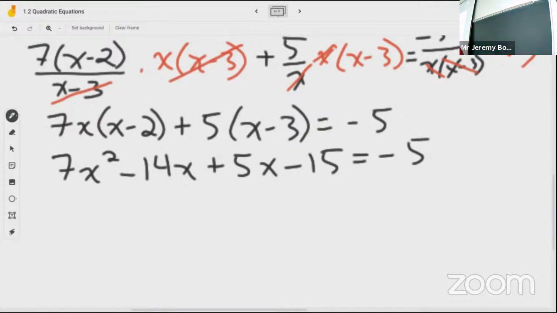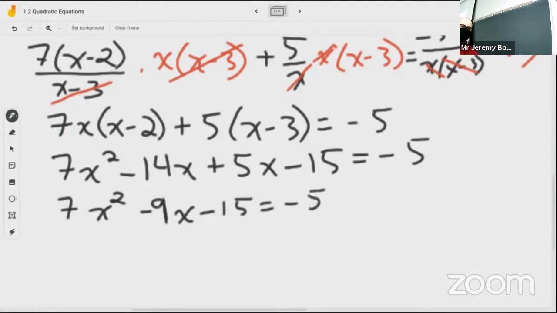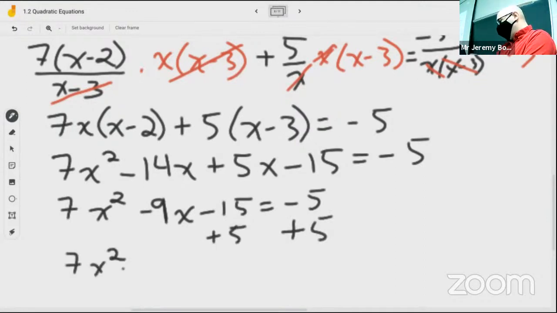On the left-hand side, negative 14x plus 5x would be negative 9x. And we're almost ready to factor it, but we need to add the 5 to both sides to get one side equal to 0. And so we'll have 7x squared minus 9x minus 10 equal to 0.